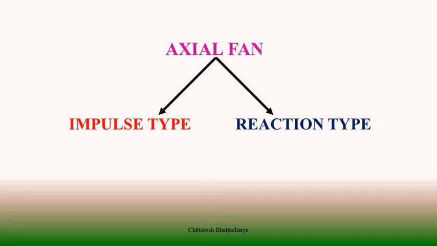That means how this turbo machine is generating flow over and above the system resistance is determined by the degree of reaction. If the degree of reaction is below 0.8, it is called a reaction type axial fan, and if it is more than 0.8, it is called an impulse type axial fan.